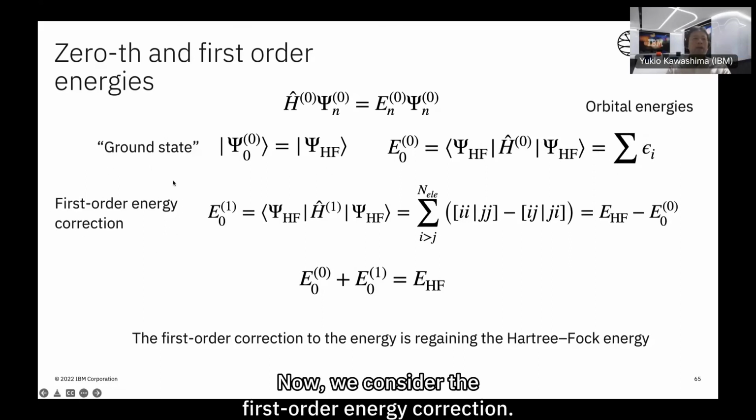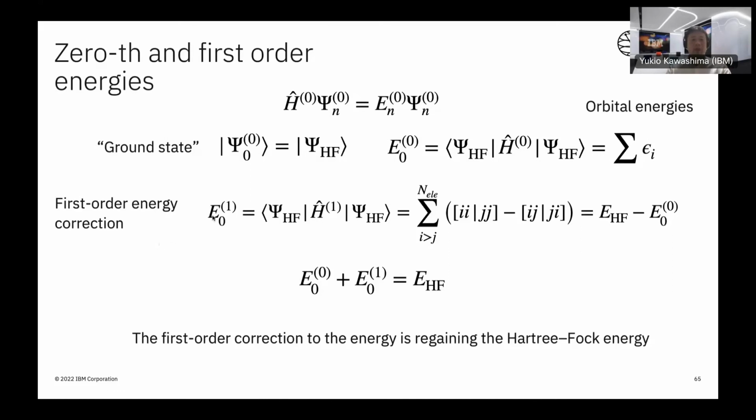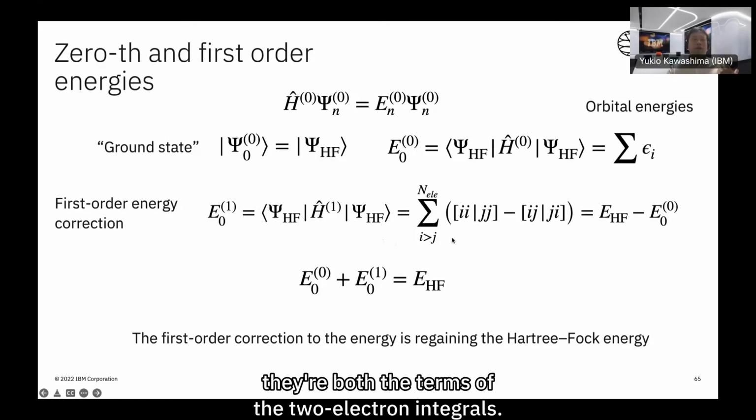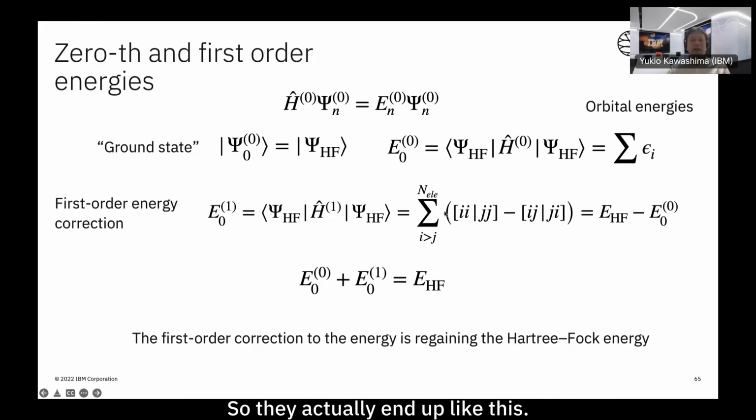Now we consider the first order energy correction. So the first order energy correction is like this. So H1 is here. But if you remember, both 1 over Rij and J and K are terms of the 2 electron integrals. So they actually end up like this.